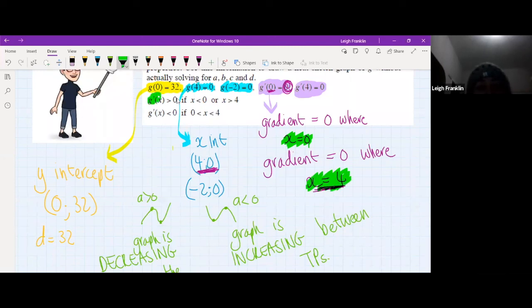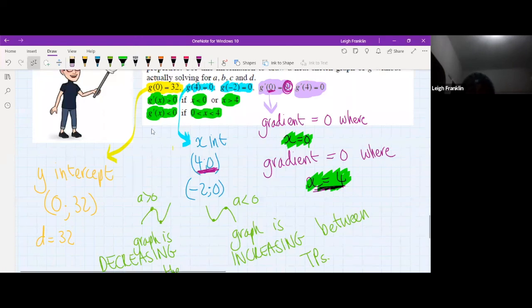So here they're saying g prime x is greater than 0 if x is smaller than 0 or if x is greater than 4. And they're also saying g prime x is smaller than 0 if x is greater than 0 but smaller than 4.